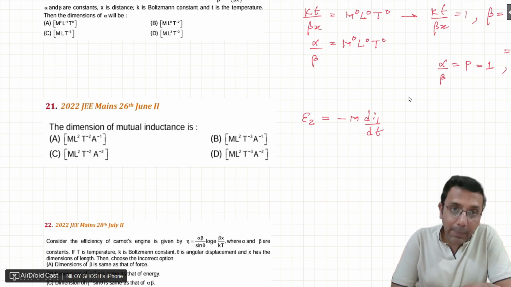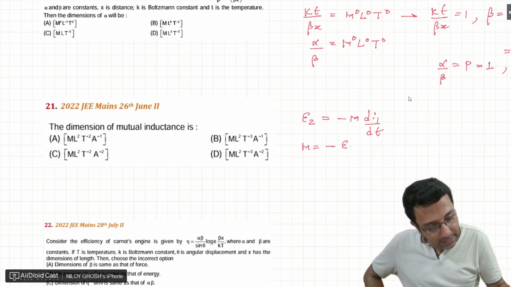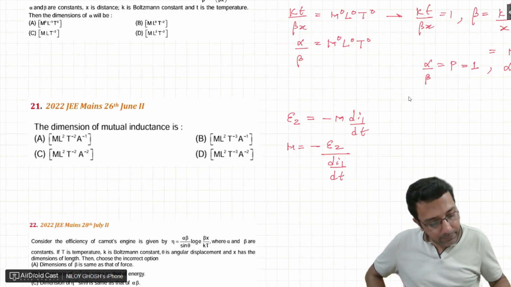So from here M becomes minus the EMF induced in coil 2 divided by dI1 by dt.